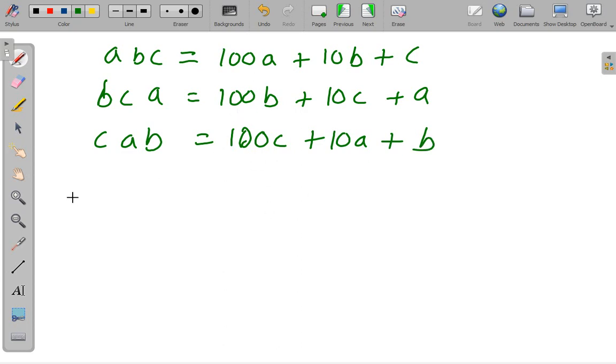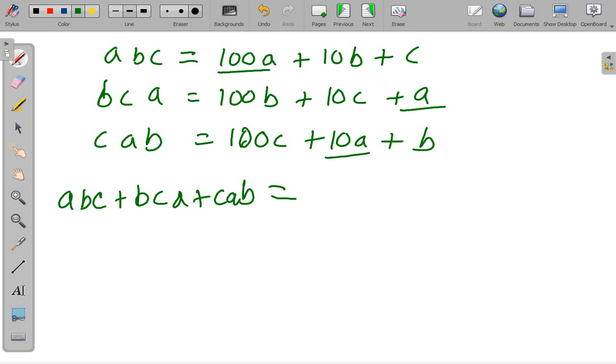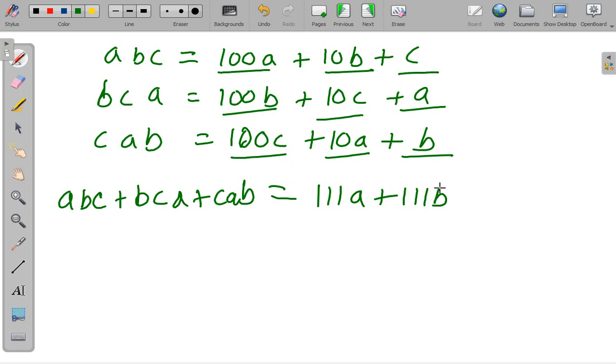If we add all these 3 numbers, ABC plus BCA plus CAB, 100A plus A plus 10A will be 111A, 100B plus B plus 10B will be 111B, and C plus 10C plus 100C will be 111C.